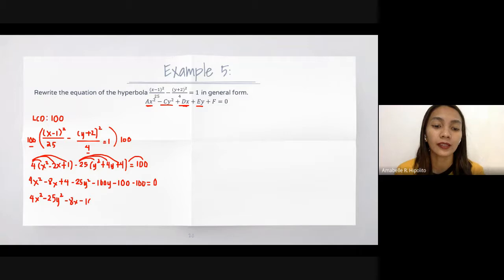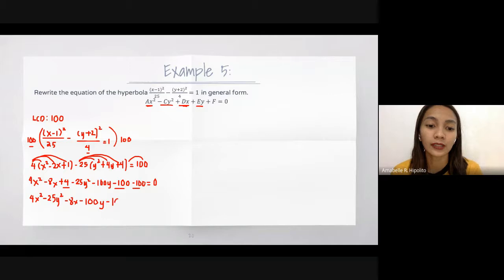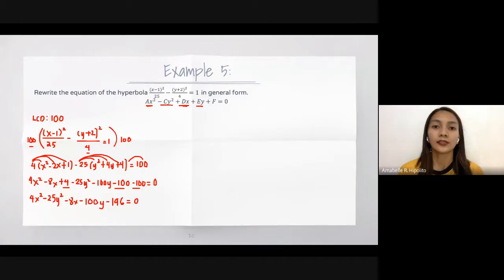And then, the constant numbers, those are what we combine. So, we have 4 minus 100 minus 100, that is equal to negative 196, equals 0. So, we have nothing else to simplify, and as you can see, it is already in general form.